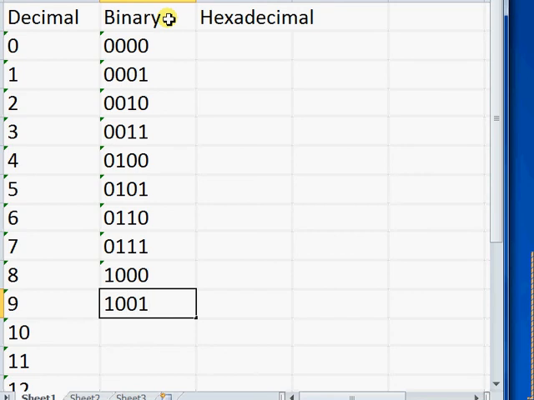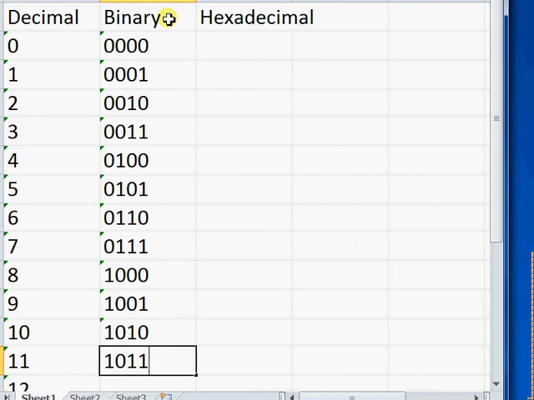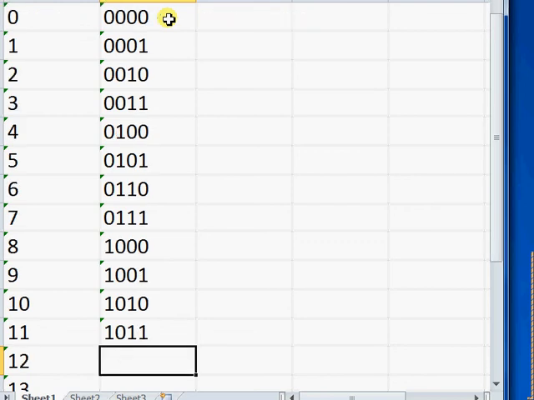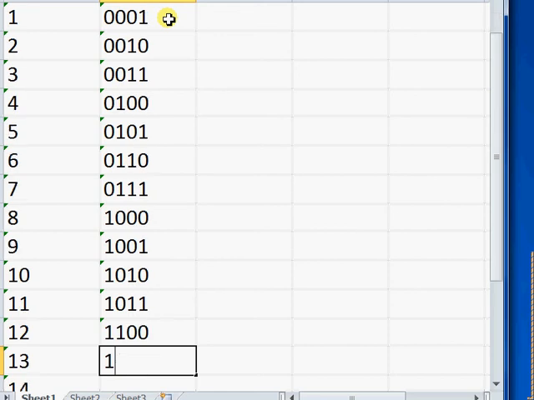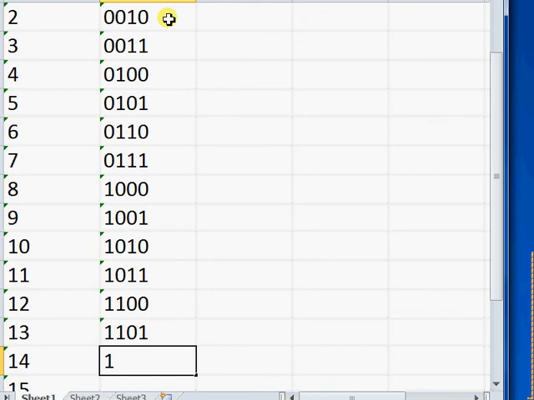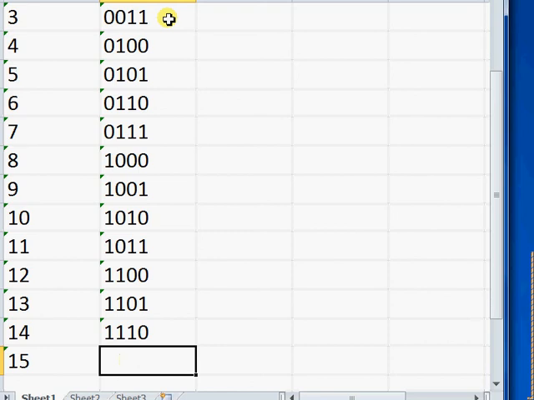Follow the pattern here. 1, 0, 1, 0. 1, 0, 1, 1. 1, 1, 0, 0. 1, 1, 0, 1. 1, 1, 1, 0. And then 1, 1, 1, 1.